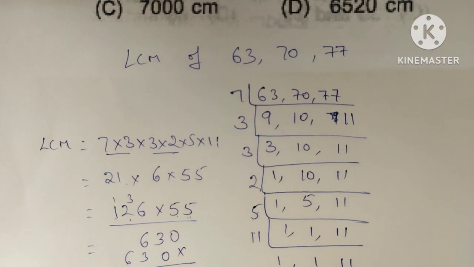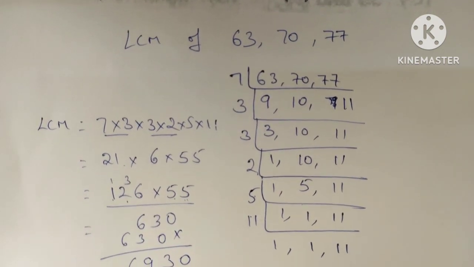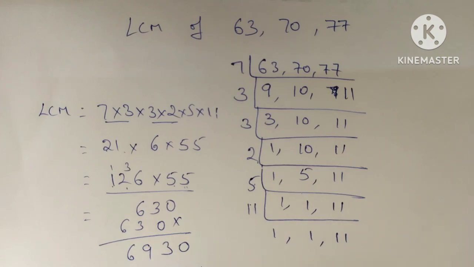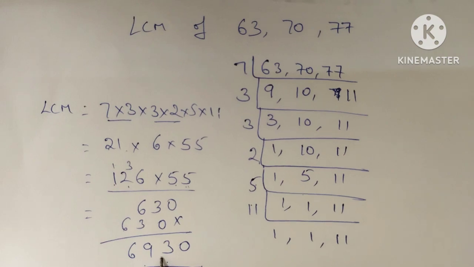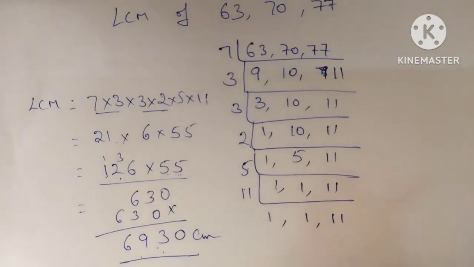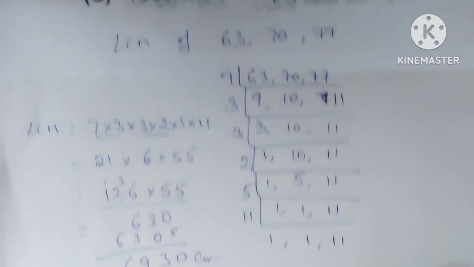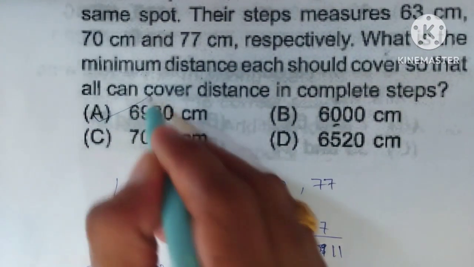So 6930 centimeters is the minimum distance. So option A is the correct one.